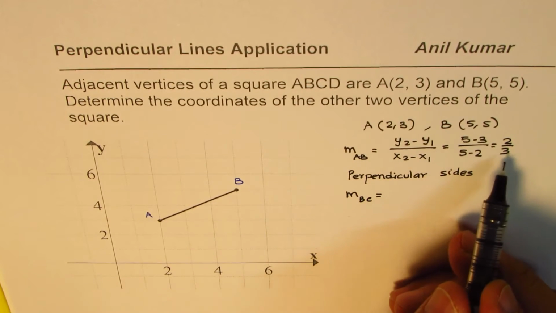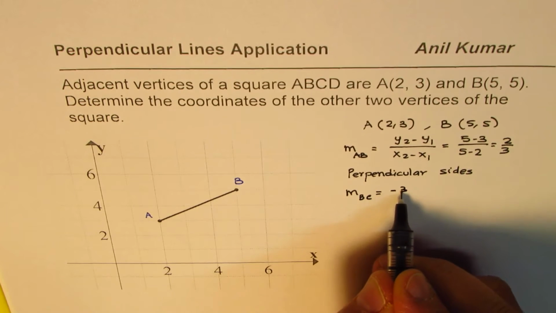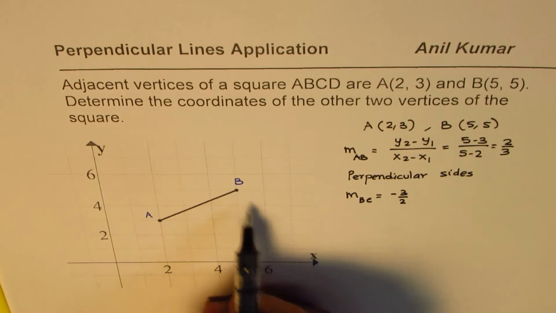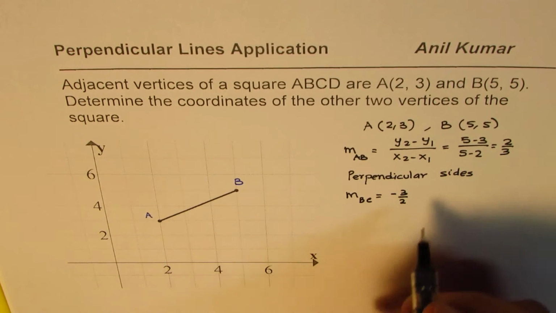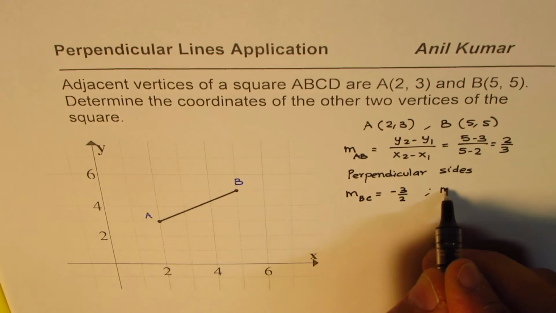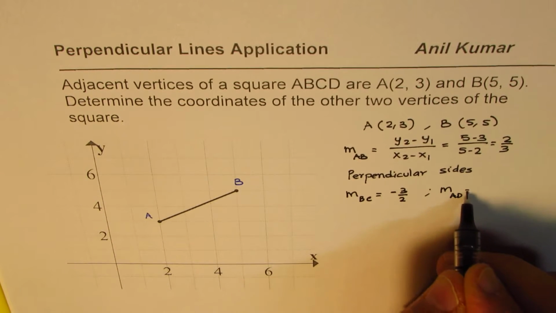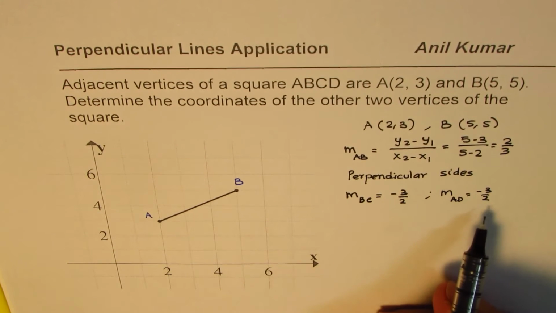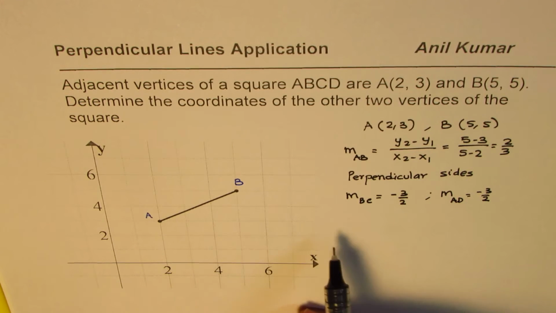The slope of B to C should be the negative reciprocal, so it should be minus 3 over 2. That should be the slope from B to C. And let us say D is my next point. In that case, the slope from A to D should also be negative 3 over 2.